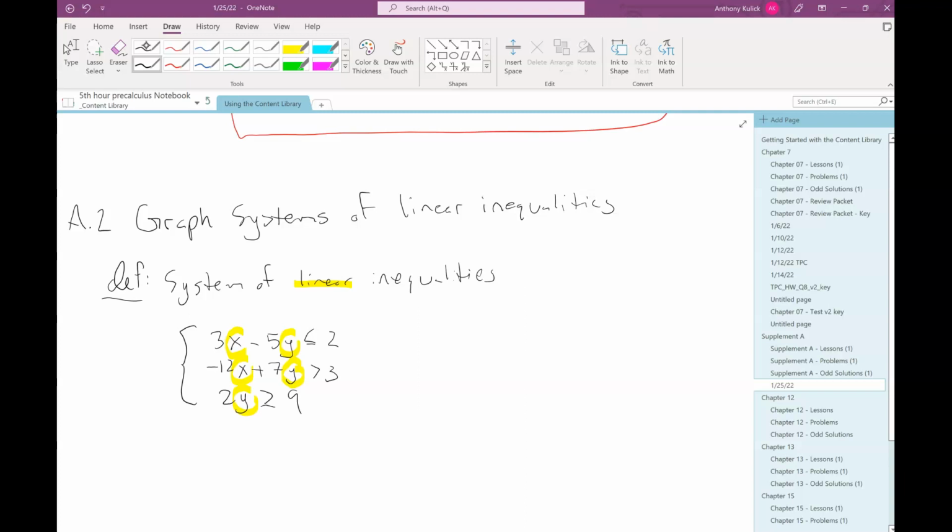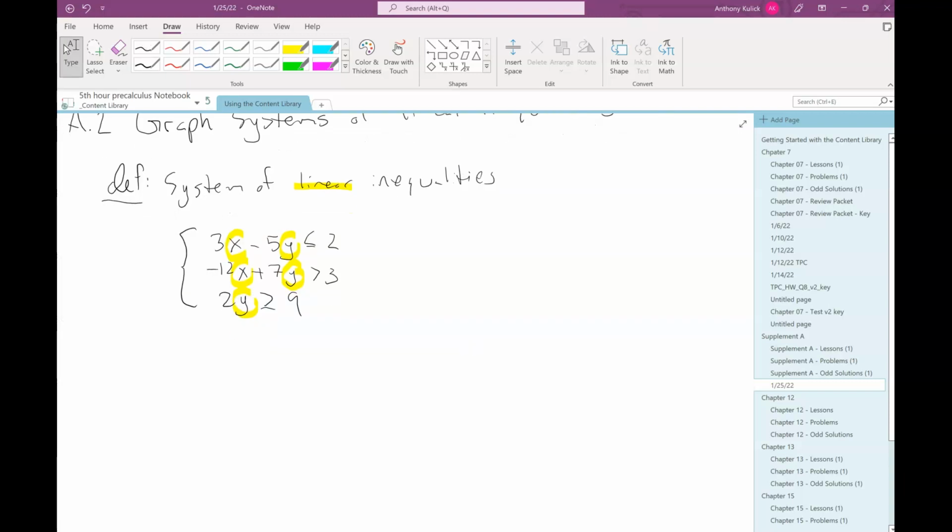Okay. So before we start talking about graphing a system of linear inequalities, let's just talk about how we graph an inequality in two variables like this.